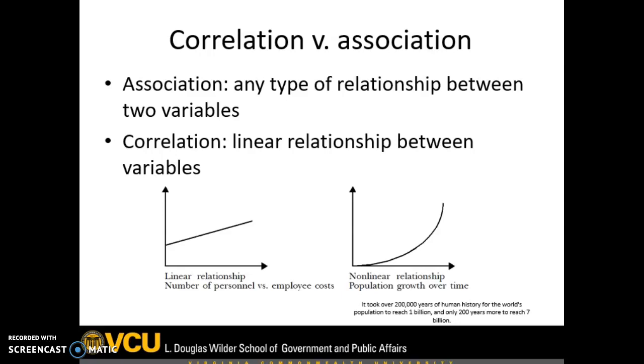For each unit increase in the number of personnel, there is a proportional increase in employee costs to an organization. An example of nonlinear relationship is population growth over time. It took over 200,000 years for the population on our planet to reach 1 billion individuals. Over the next 200 years, the population exploded to 7 billion people. So this is not a linear relationship.